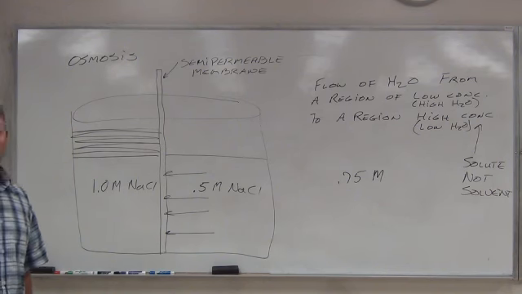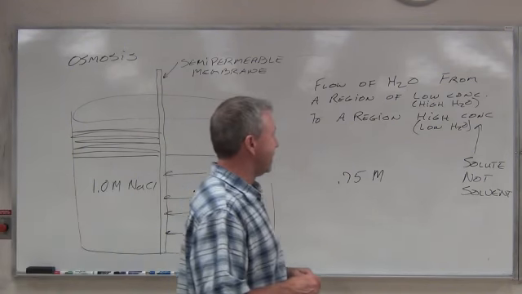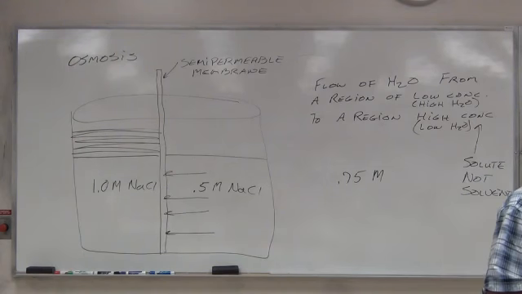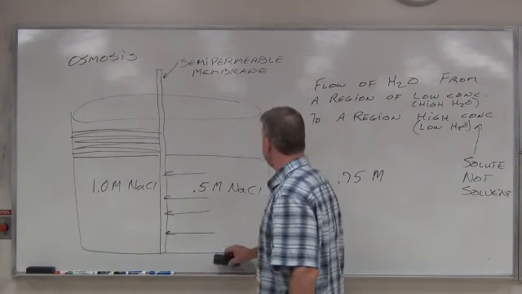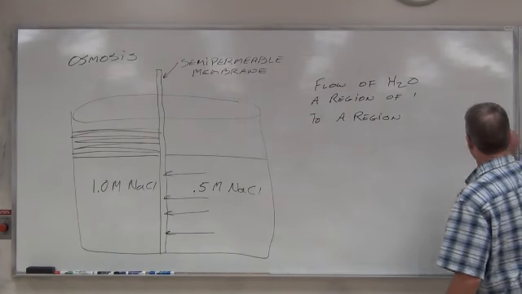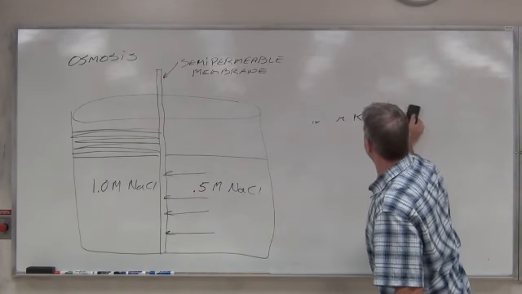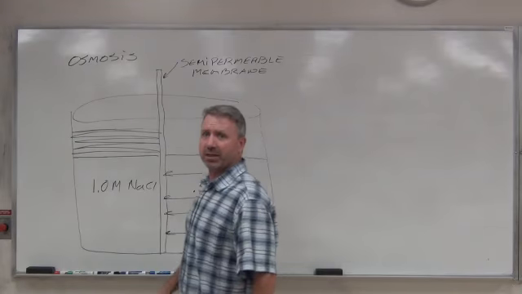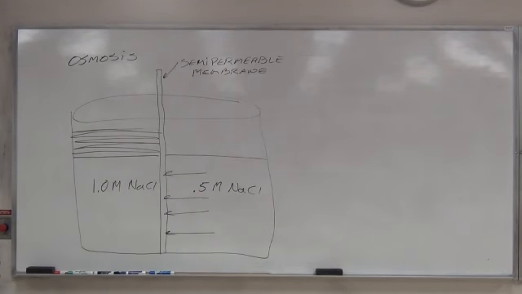Now the osmotic pressure is only dependent on the number of particles. It's not dependent on the identity of the particles. Right? Just the number. So we can calculate an osmolarity, which is similar to molarity that we just calculated, only instead of molarity being solute per liter of solution, osmolarity is osmoles.